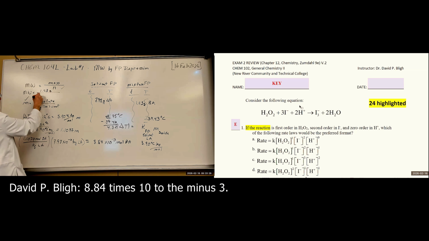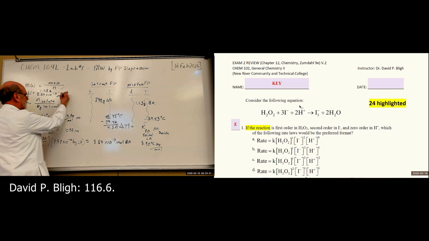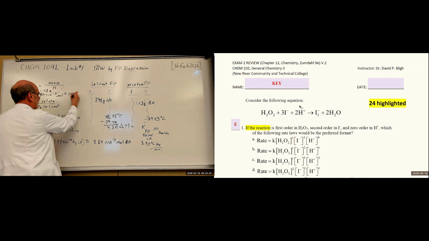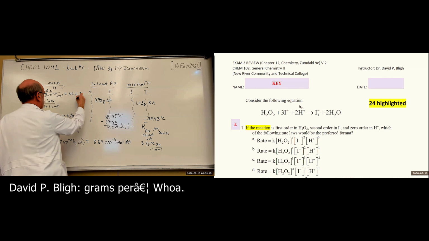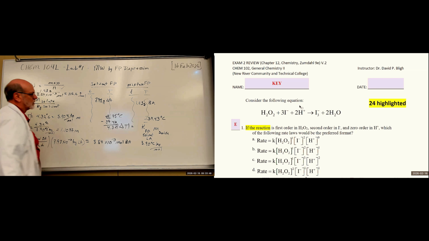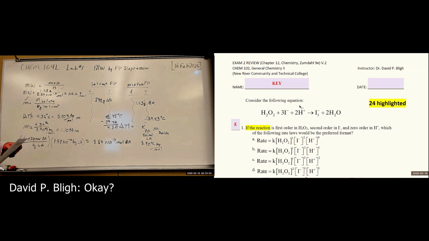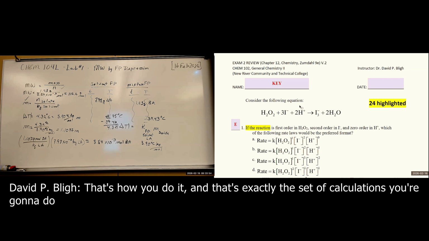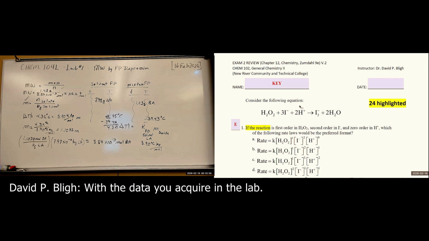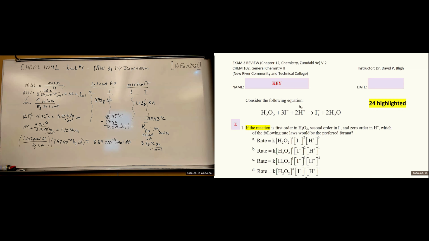So divide that number into 1.03 and see what we get. 116.6 grams per mole. Okay, that's how you do it. And that's exactly the set of calculations you're going to do with the data you acquire in the lab.